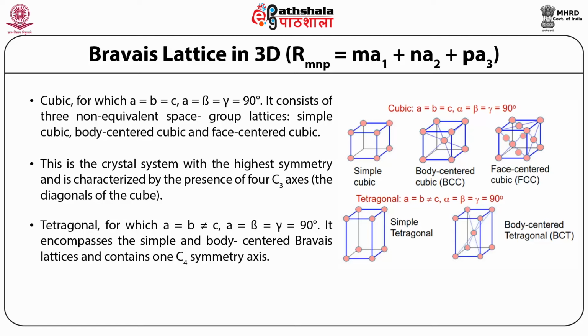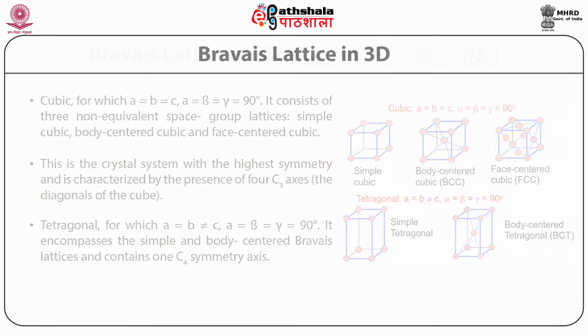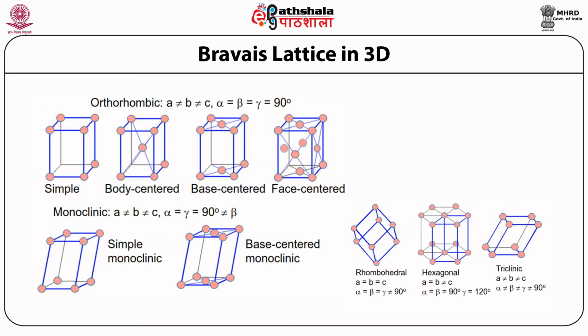Just like above, you can put one lattice point in the center of the body of this simple tetragonal. So this is the continuation of the Bravais lattices in 3 dimensions, and now the next class is orthorhombic.